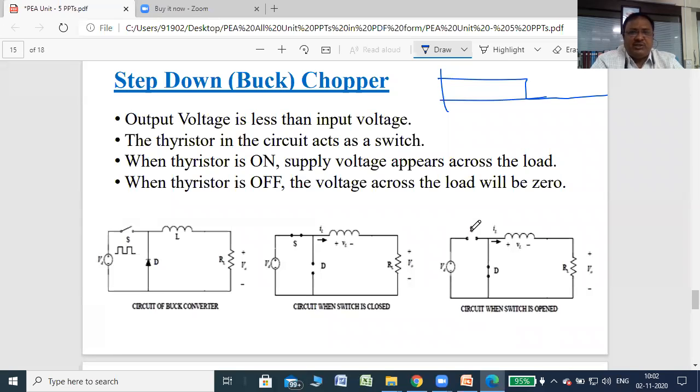The thyristor in the circuit acts as a switch. So the thyristor is not shown here. The switch itself is a thyristor, or you can say SCR. If you are using an SCR, it requires a triggering circuit, a protection circuit, and a commutation circuit.